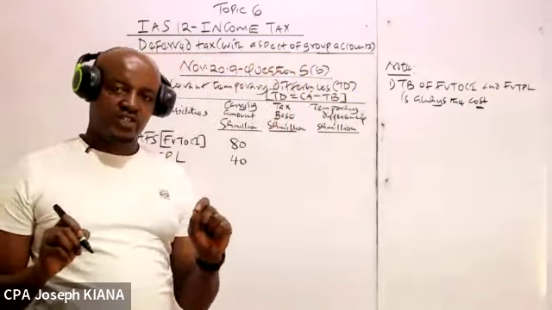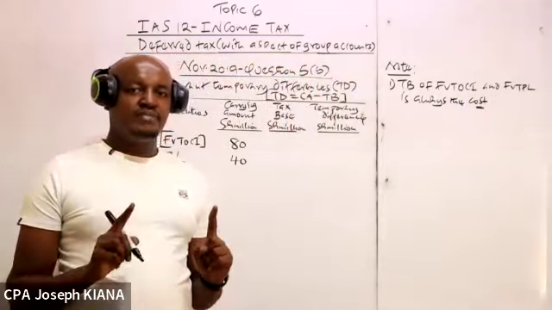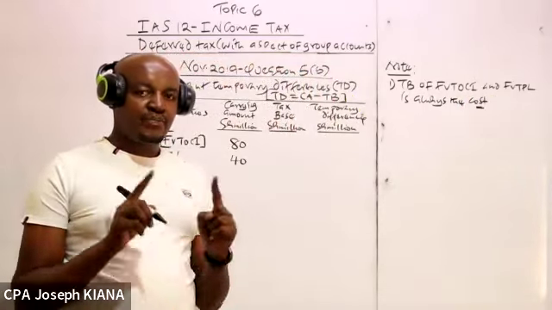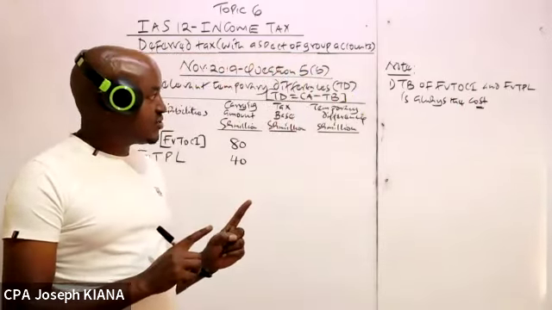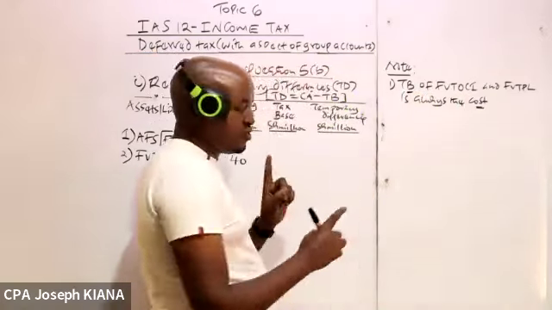So this particular financial asset was acquired at which cost? The cost paid by the company in acquiring those financial assets is the tax base. So this is what is important for you to know moving forward.